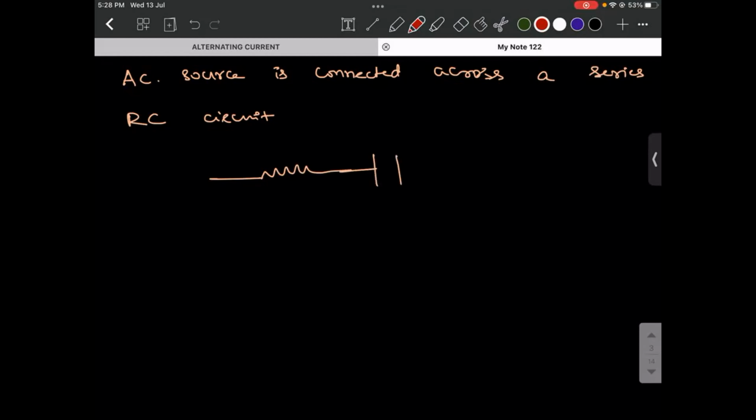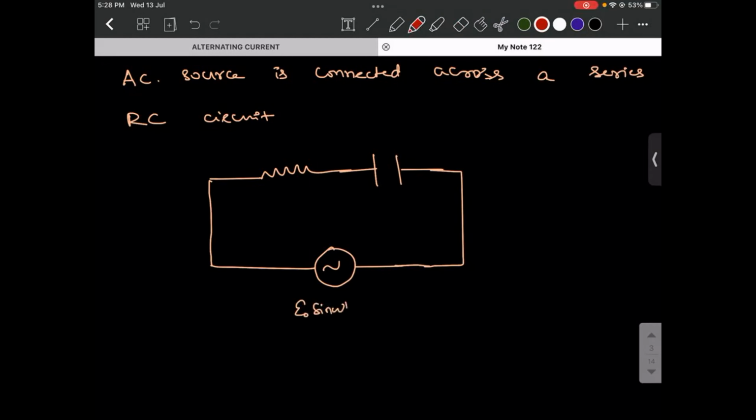R and C are connected in series, and the whole connection is connected across an EMF source like this. So, which is E naught sine omega t. So, this is going to be R, this is going to be C. Okay.